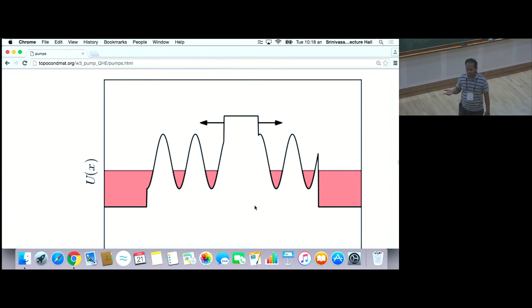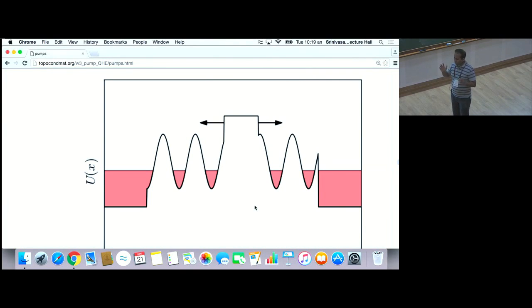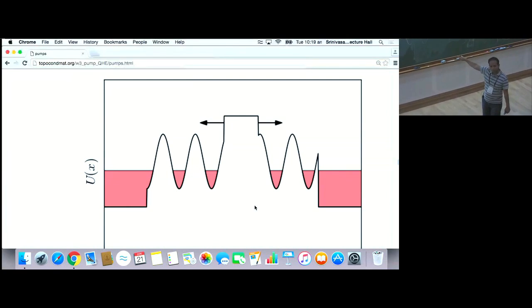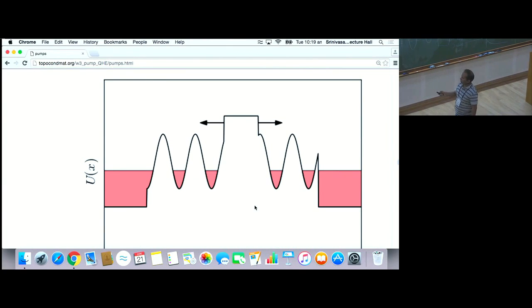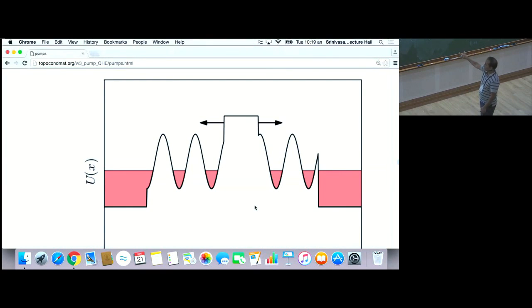Okay, so that lets me define how many electrons I have on the left and the right, and then the argument is that now I have a sequence. The sequence is I start with this potential, and then I dry out the pump, which is I adiabatically raise the potential in the middle so that all levels are either to the left or to the right.